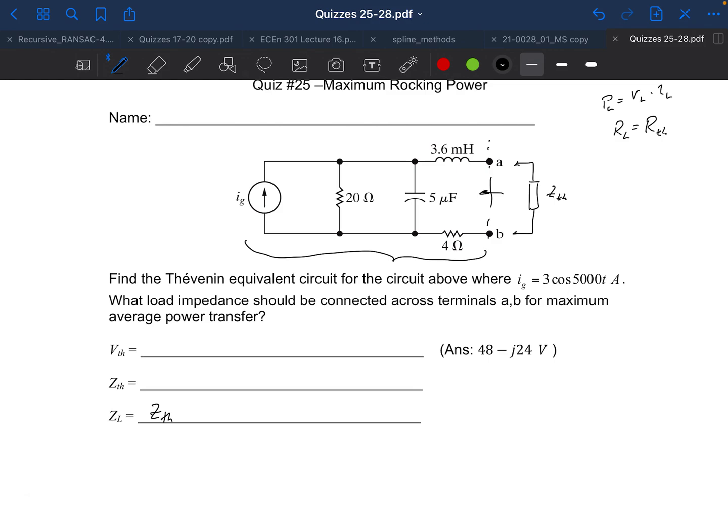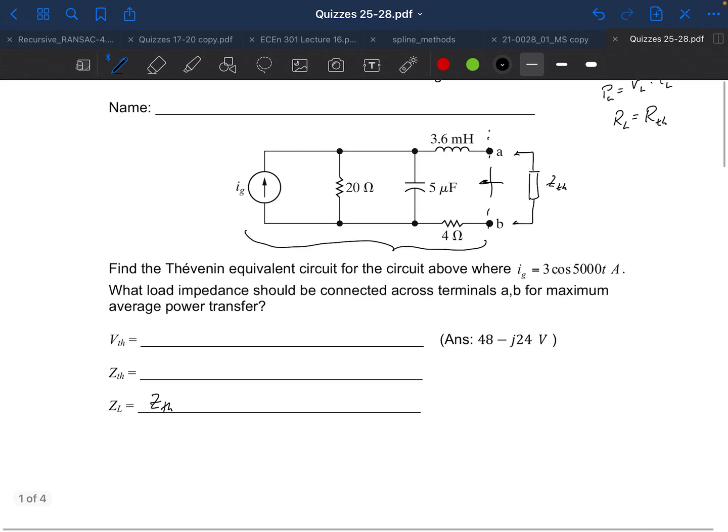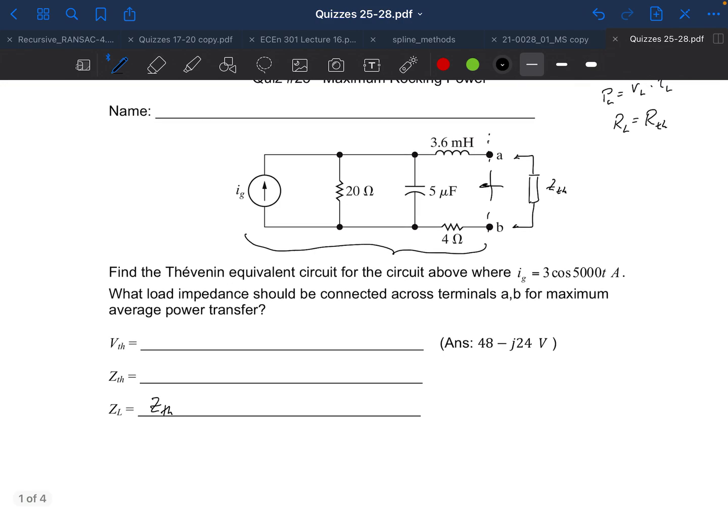Okay, so what we're going to do is convert this circuit over to the phasor domain, and then we're going to find the Thevenin equivalent impedance. So let's just define a few things here. I'm going to define R1 is equal to 20 ohms, R2 is equal to 4 ohms.